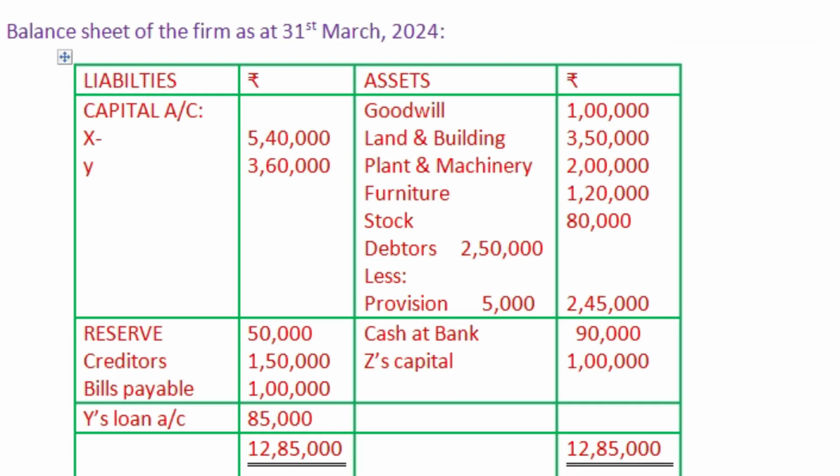Capital ratio is calculated after adjusting profit and loss account balance with the opening capital balance, general reserve balance, but before adjusting loss from the realization account.